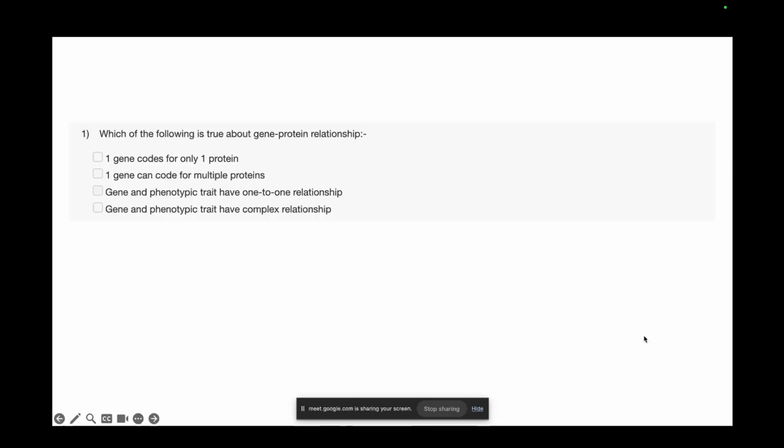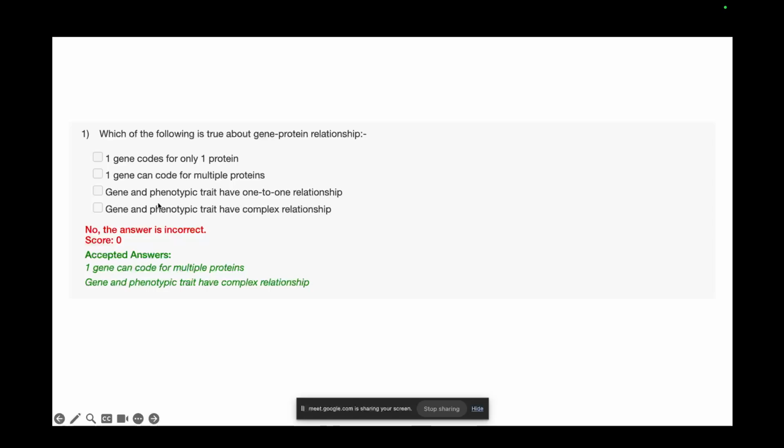So gene-protein relationships that we are talking about there. The question is, which one is true? One gene codes for one protein, one gene can code for multiple proteins, or it can have a one-to-one or a complex relationship. This is a much more straightforward one: one gene can code for multiple proteins, that is true. Genotype and phenotype have a very complicated relationship.